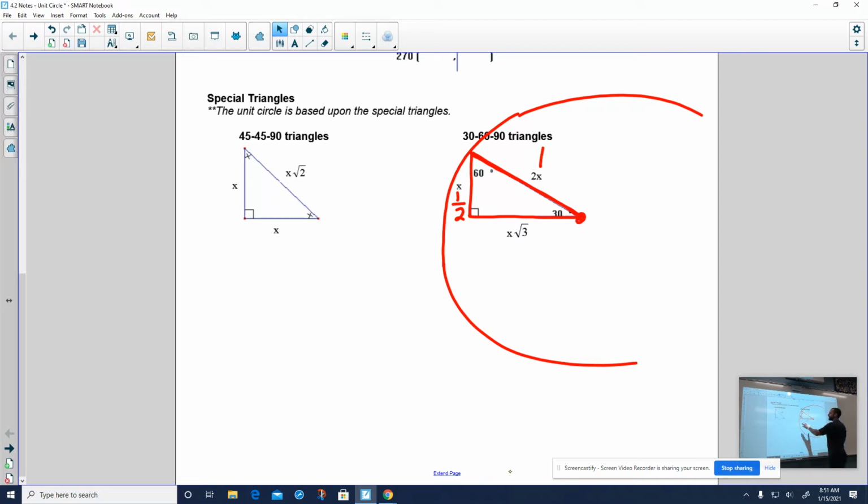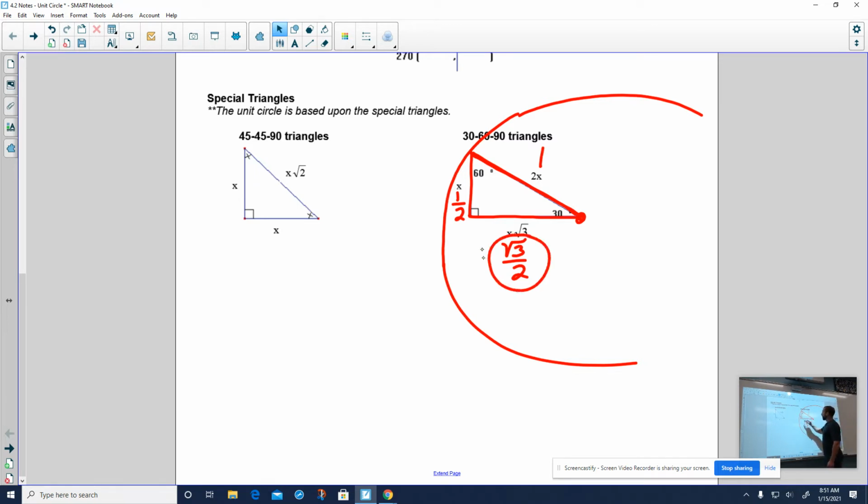That also means the long leg is square root of 3 times the short leg. So I can take 1/2 times square root of 3 over 1, multiply straight across, and you get square root of 3 over 2.